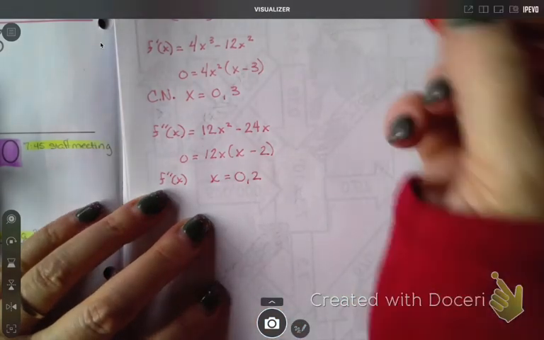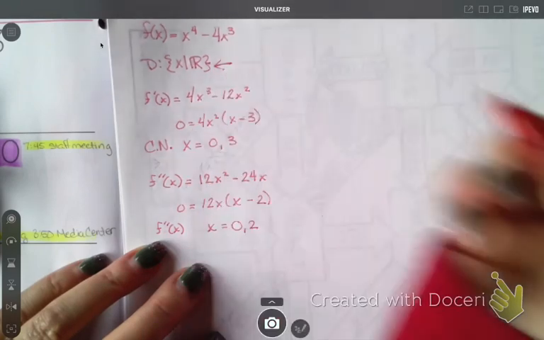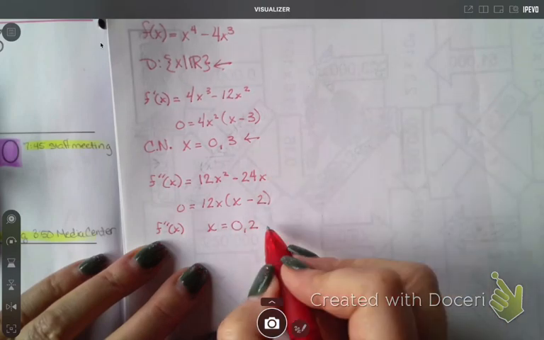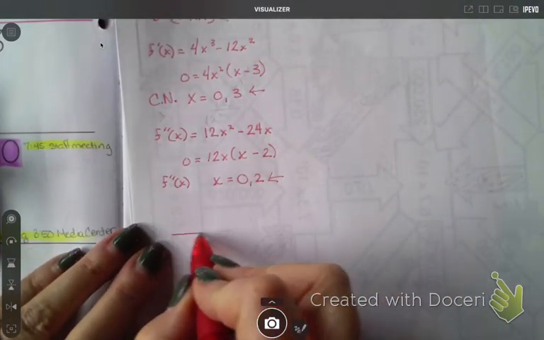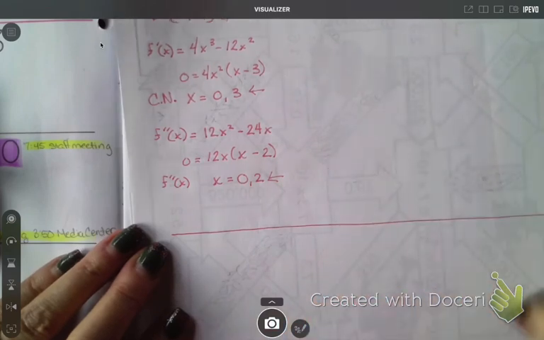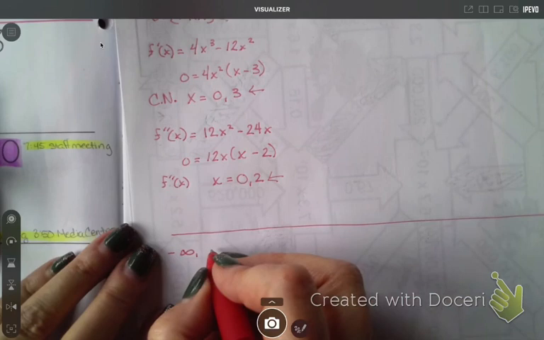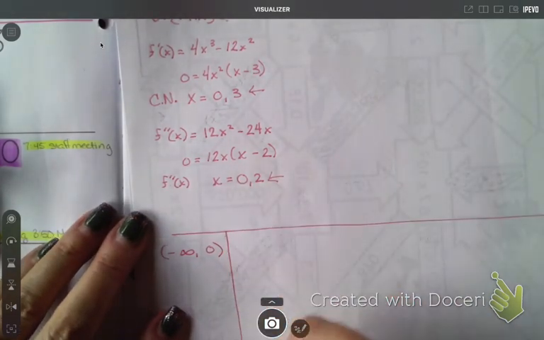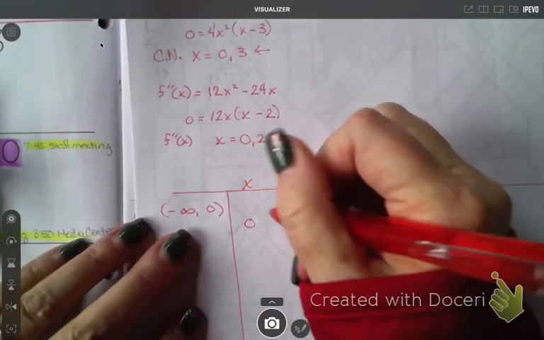So I look at my domain, which I'm going to have any excluded values? No. I look here and I look here. So I'm going to start at negative infinity and go to where? 0. Trying to kind of go quick. And then I'm going to put 0 here in my x column, correct?